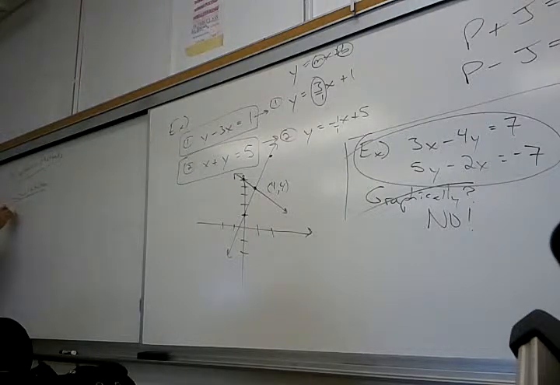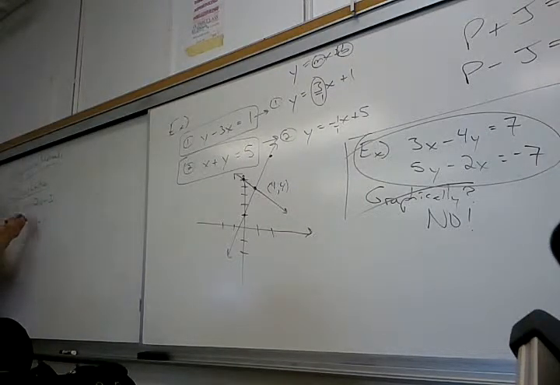So for example, I have something like x equals 2y minus 3. And let's say I have 4y minus 2x equals, what, Jeff? 10?